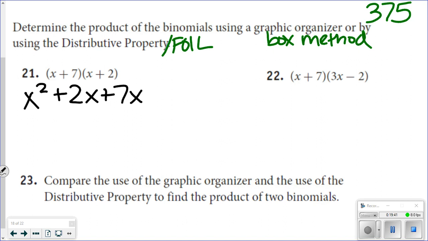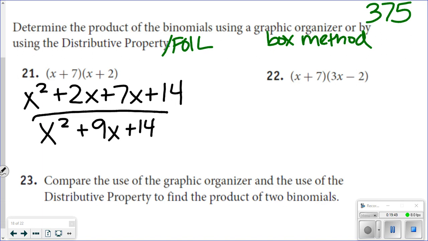First, outside, inside, last. Combine my 2 middle terms. Distribute the x to the 3x, so those are my first terms.